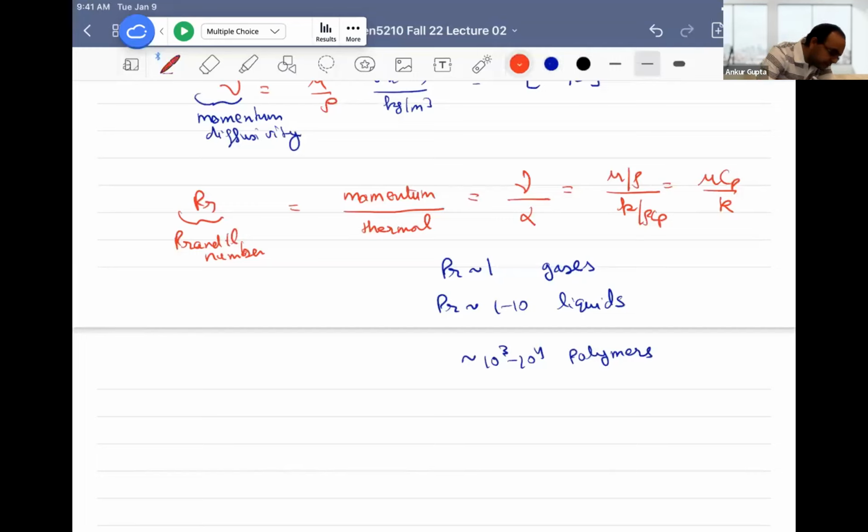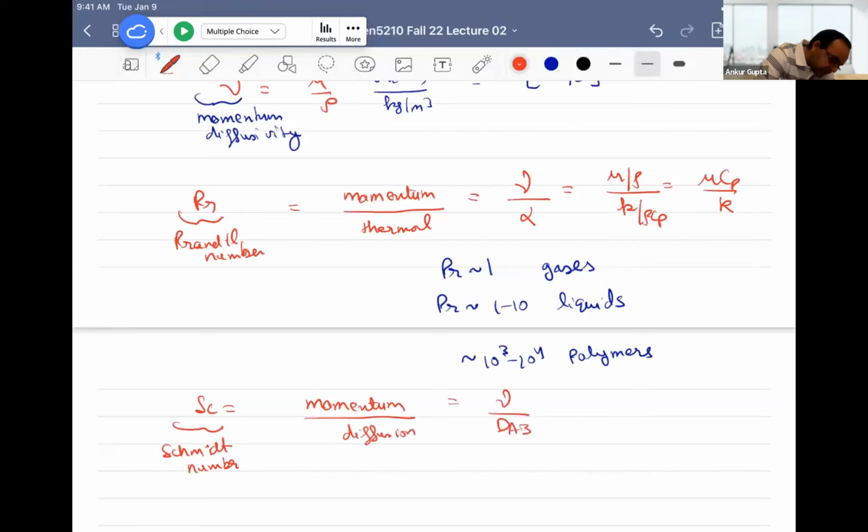Similarly, there is something known as a Schmidt number. Schmidt number is momentum by species diffusion, and that is mu by rho D_AB, or D_i, it doesn't matter.